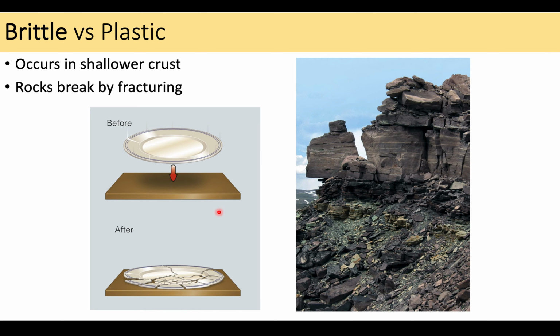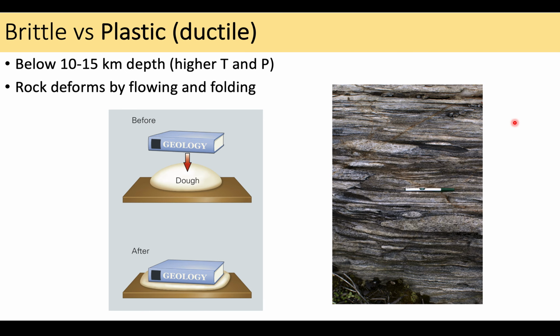Brittle material is going to break by fracturing, by cracking, by breaking into smaller pieces, like dropping a plate on the ground is going to break. This is what we see at the surface. Our rock is always brittle at the surface. It is going to break into pieces. This is something common that you might see at the surface.